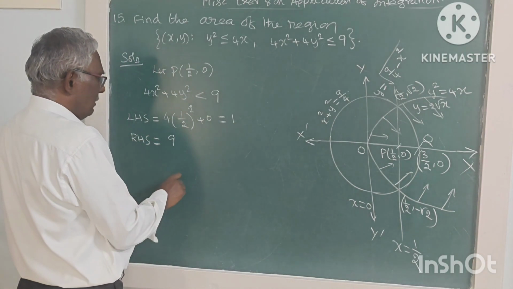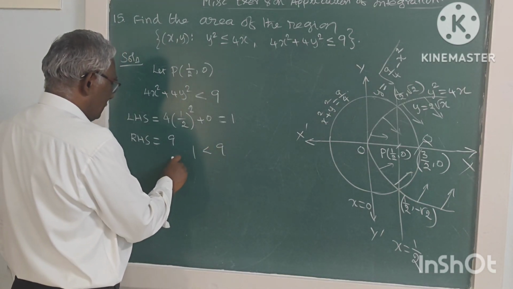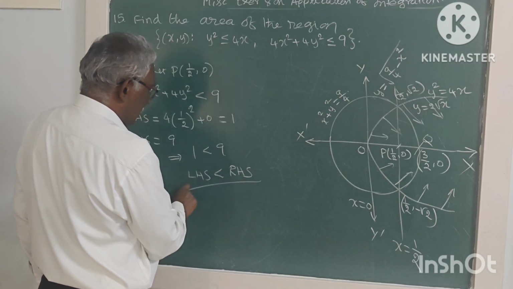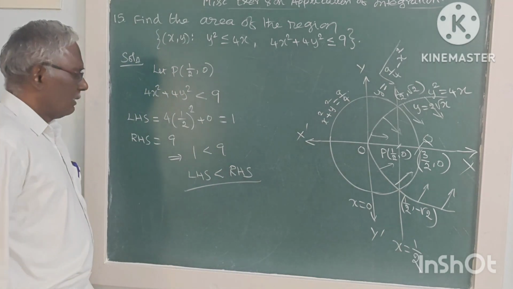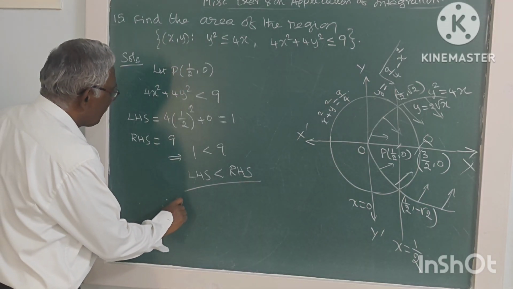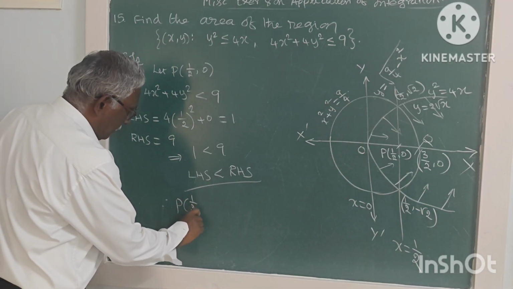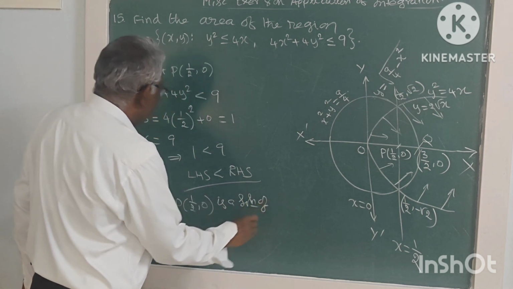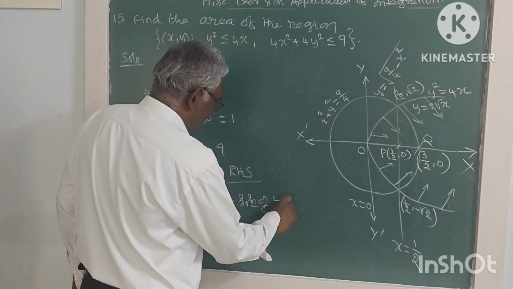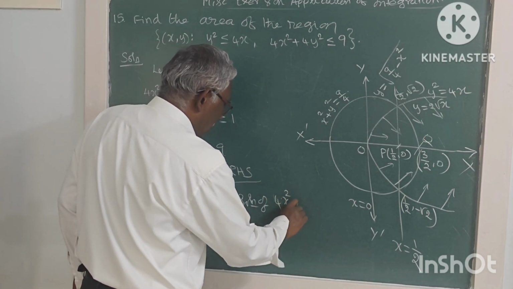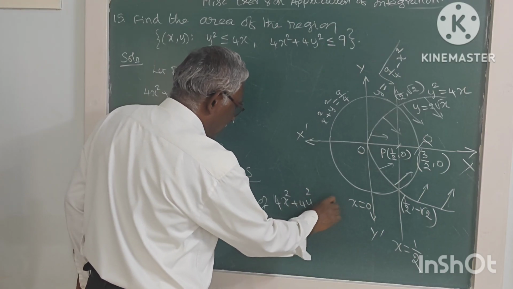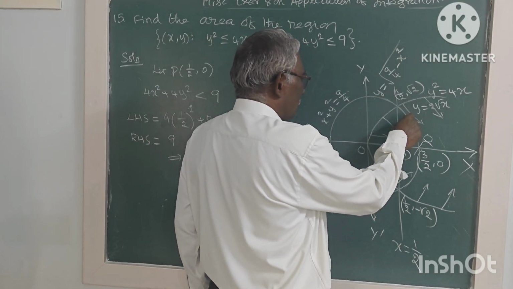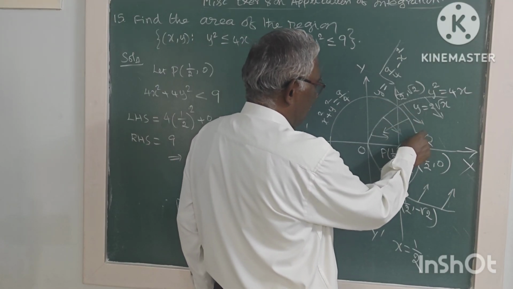RHS is equal to 9. 1 is less than 9, so LHS is less than RHS. Therefore P (1/2, 0) is a solution of 4x² + 4y² < 9. Therefore, for this circle, these are the solutions.